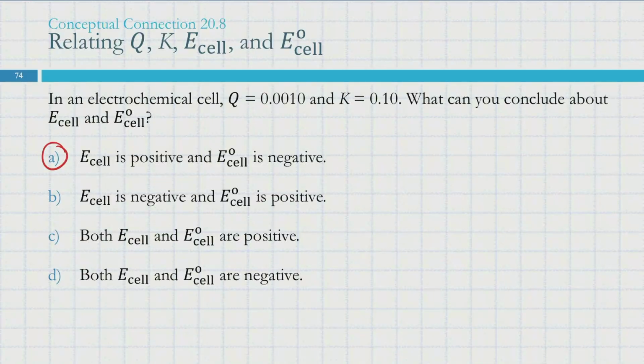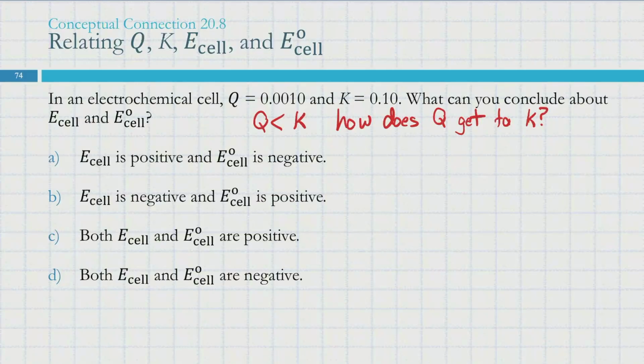So one thing to think about is how are Q and K related to each other? Q is less than K. What does that mean about our state in Q relative to equilibrium conditions? How does Q get to K? Because that's what reactions want to do, right? They want their Q, the reaction quotient, to move towards the equilibrium constant.